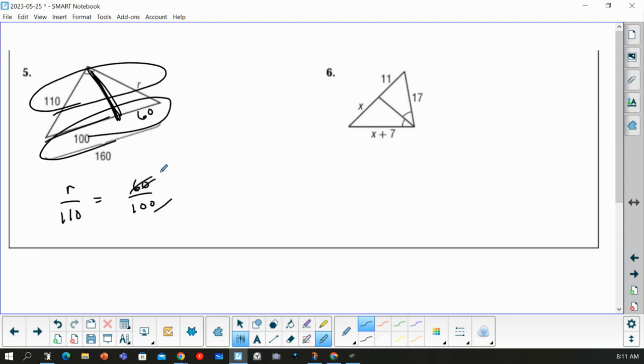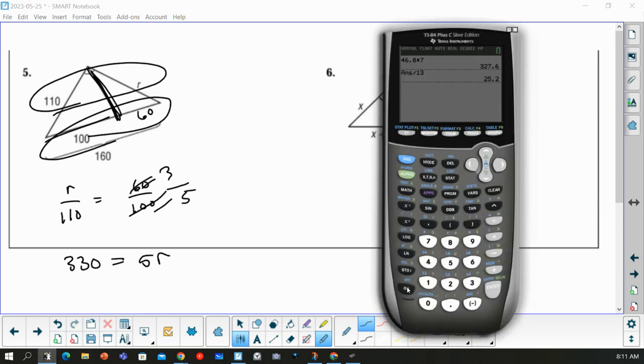Then 2 goes into 6 three times, 2 goes into 10 five times, so it'd be 3/5. 3 times 110, 330. R times 5, 5r. Divide both sides by 5. 5 goes into 330, I want to say 66 times, but I'm going to double check with my calculator. 330 divided by 5 is 66.